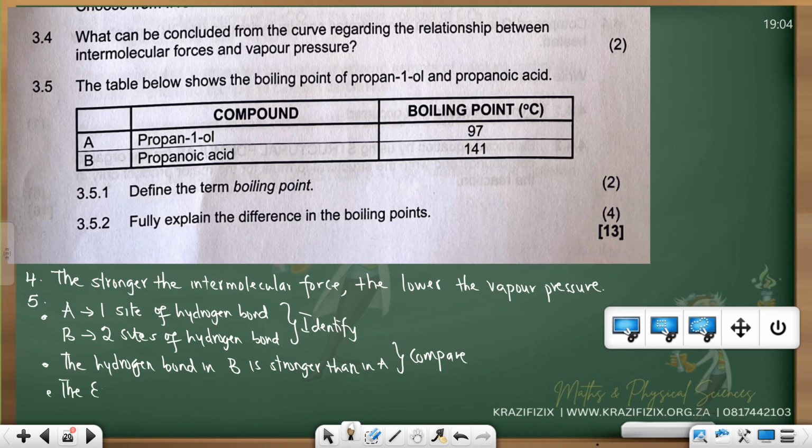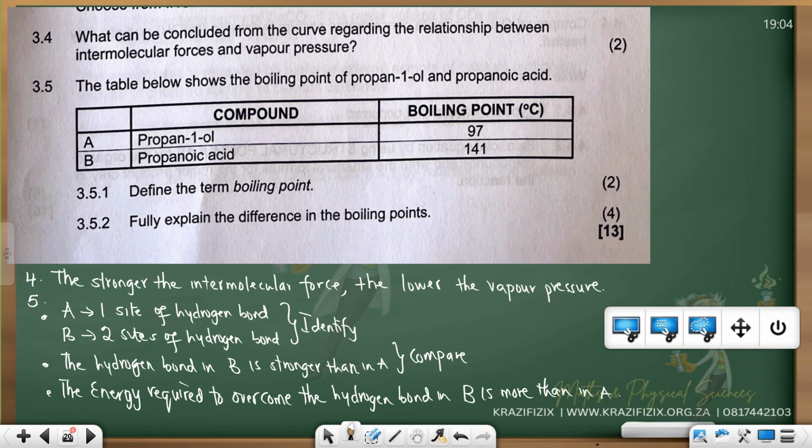What's the next one? The energy, right? The energy required to overcome the hydrogen bond in B is more than in A. Now you've talked about the energy. 1 mark for each of them.